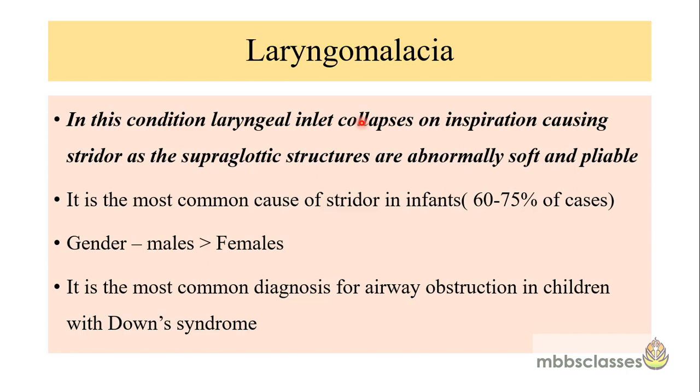The collapse of the laryngeal inlet may be a partial closure, or it can sometimes also cause complete closure of the laryngeal inlet. Males are affected more than females, and it is also the most common diagnosis for airway obstruction in children with Down syndrome.